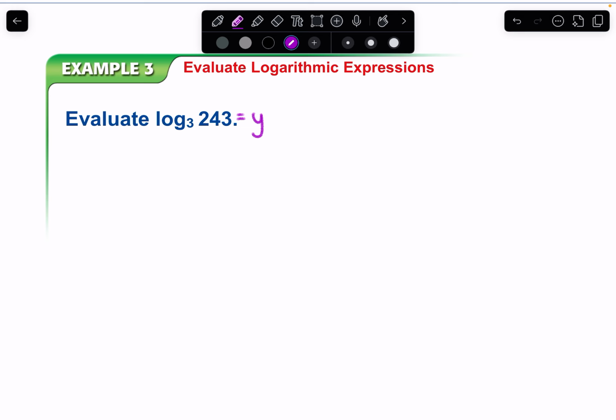So if anything ever asks you to evaluate, you're still changing it from log to exponential form and then solving. In changing it to exponential form, the subscript of 3 is going to become my base number. The equal to y part that we added in becomes my actual exponent, and then it would be equal to 243.